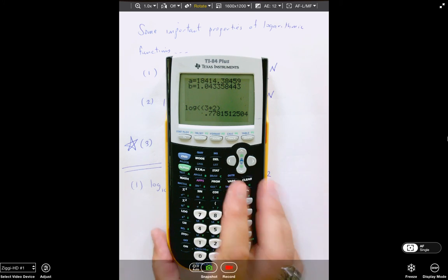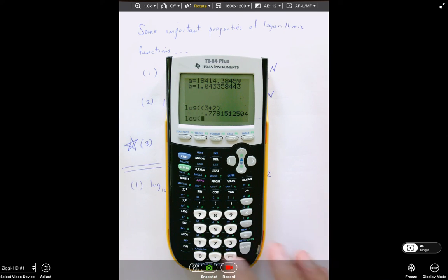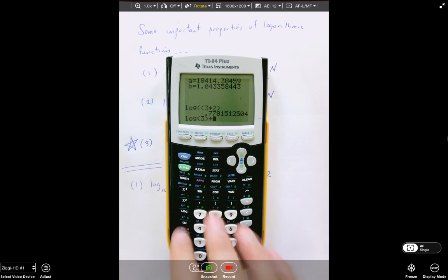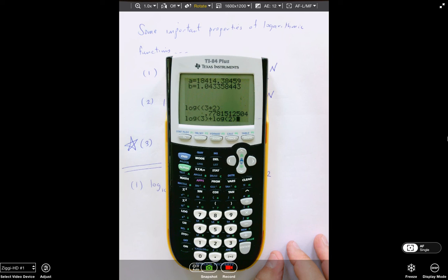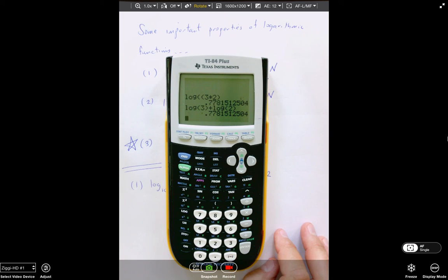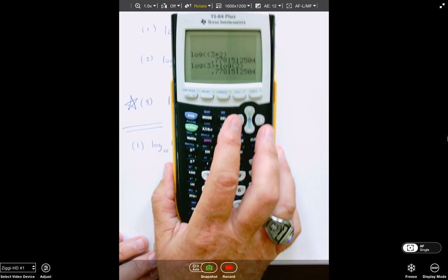That should be the same thing as the log of 3 plus the log of 2, if this property is indeed correct. And you see it is. Now we can do a formal proof of that, but I think proofs are beyond the scope of this level course. Okay?